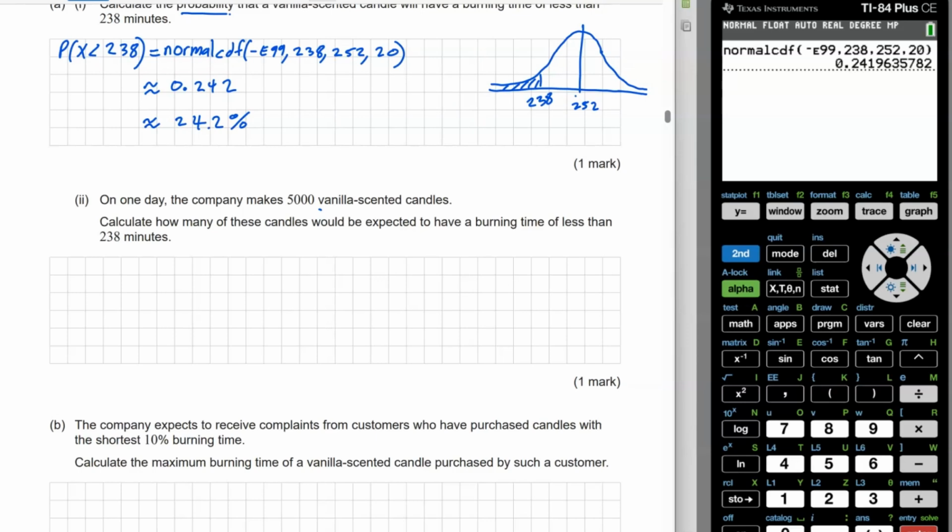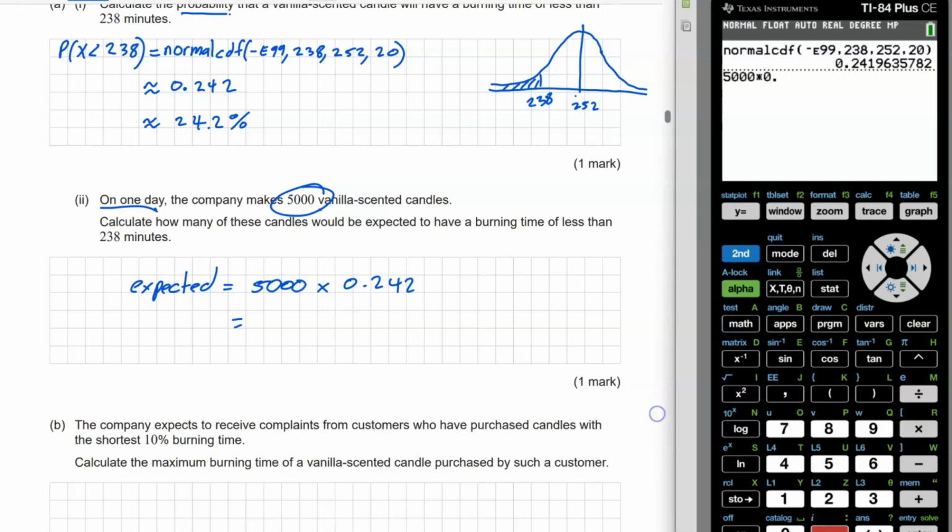Okay, next question. On one particular day, their company makes 5,000 of these candles, and this asks how many are expected to have a burning time less than 238 minutes? So the expected value is going to be 5,000 times 0.242, and we're going to get 1,210 candles.